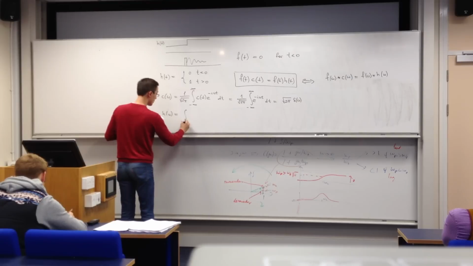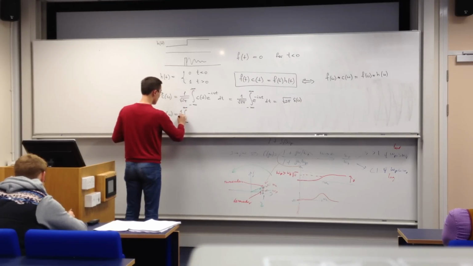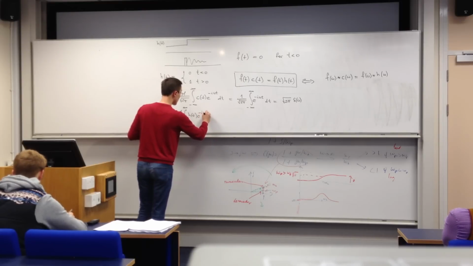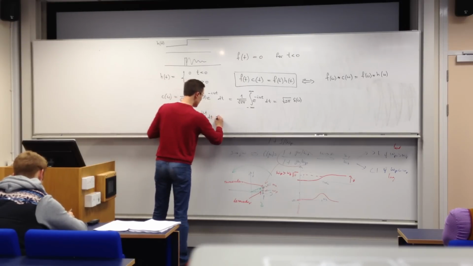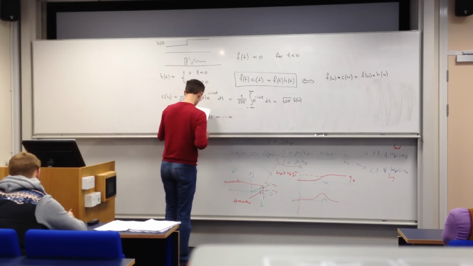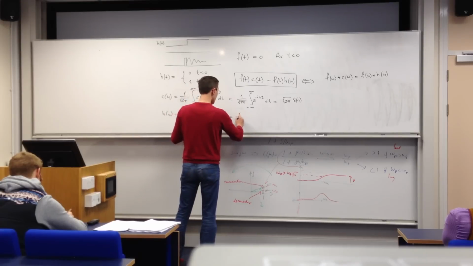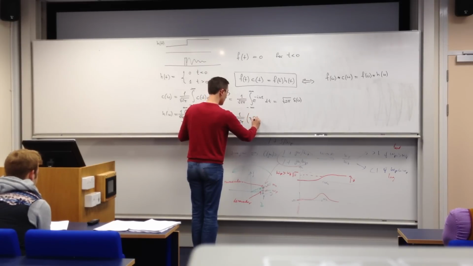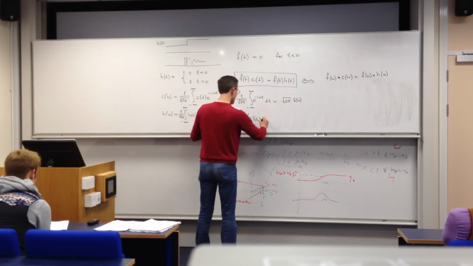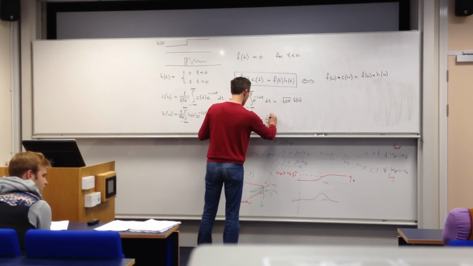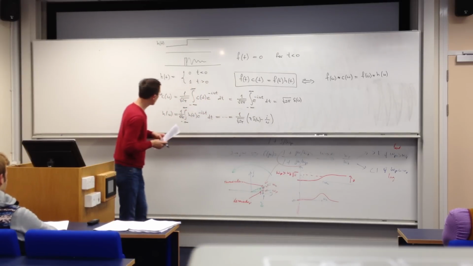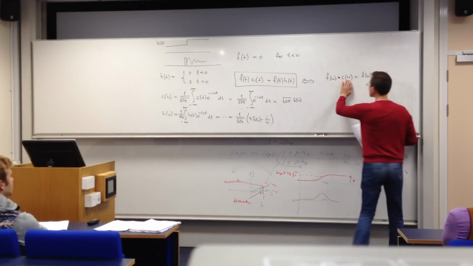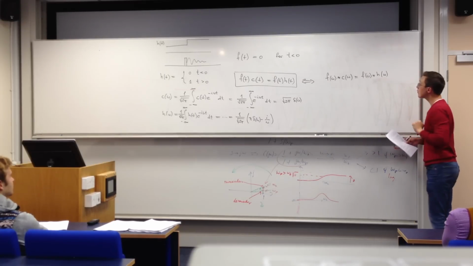So h of omega is the integral from minus infinity to infinity of 1 over root 2 pi h of t e to the minus i omega t dt. And skipping the very lengthy derivation, it happens to be equal to 1 over root 2 pi times delta of omega minus i over omega. So what we now know is both c of omega and h of omega.